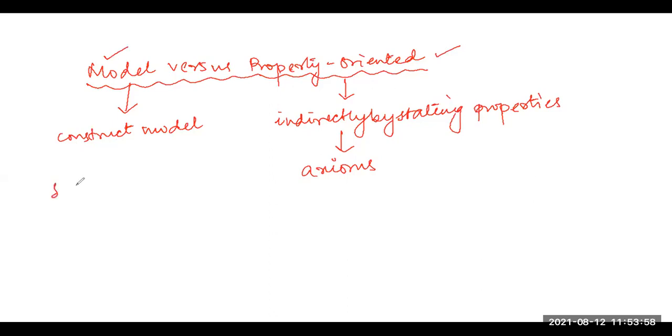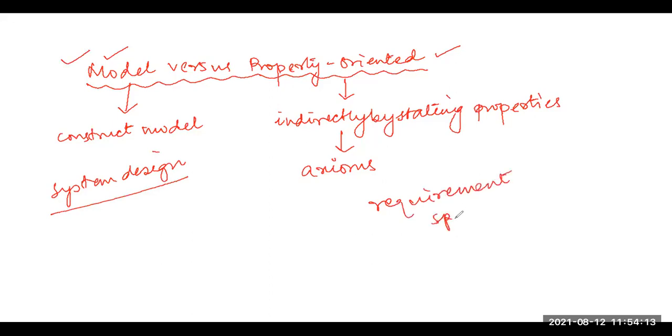So for system design specifications, the model oriented approach, and for requirement specification, the property oriented approach. Okay.